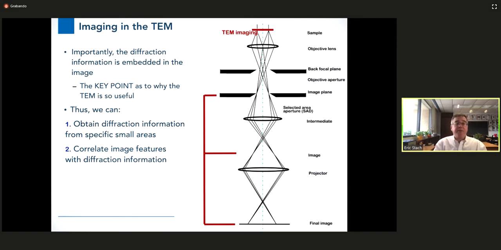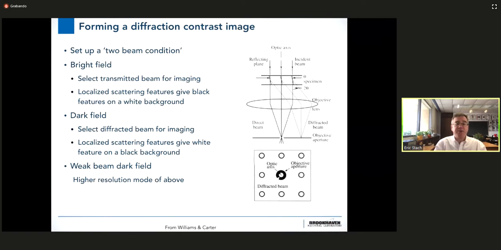Well, one thing that we can do is form what's called a diffraction contrast image. In the case of a diffraction contrast image, we selectively tilt our crystal so that we primarily have diffraction off of just one Bragg beam. This is called a two-beam condition.